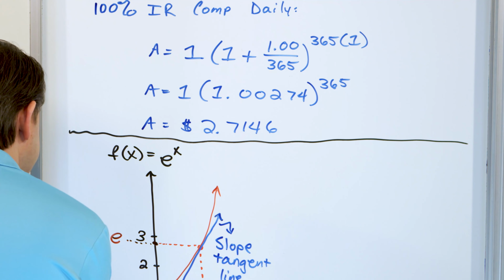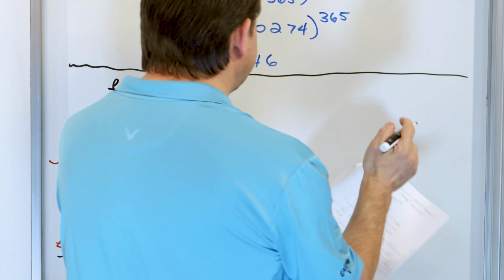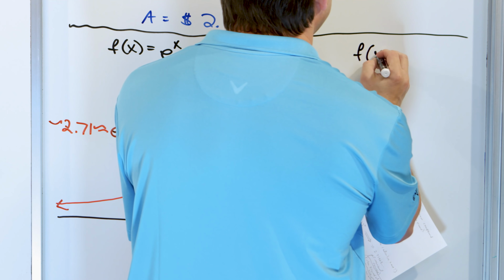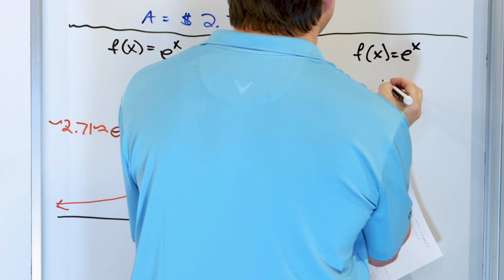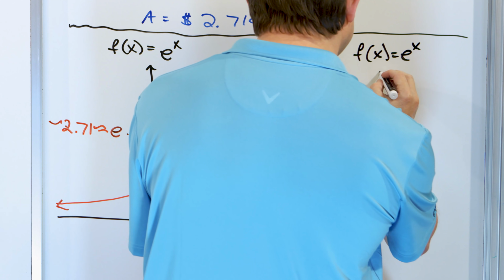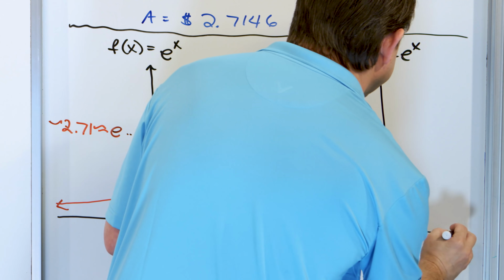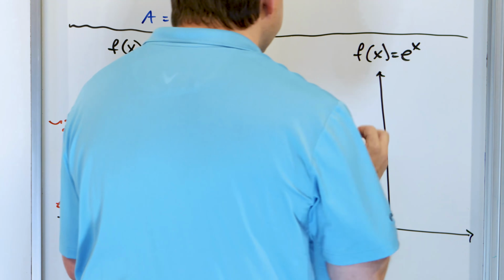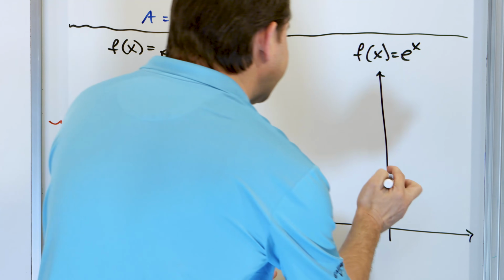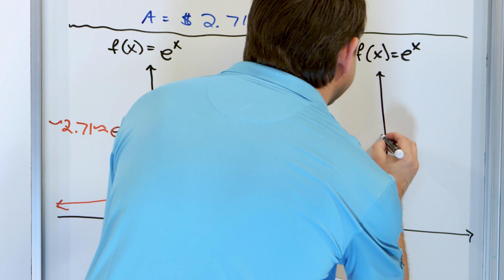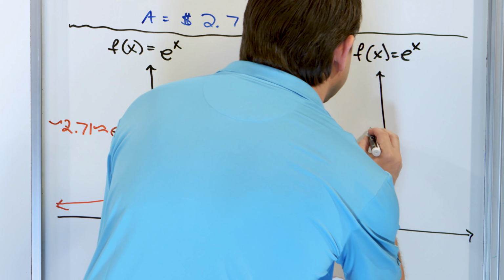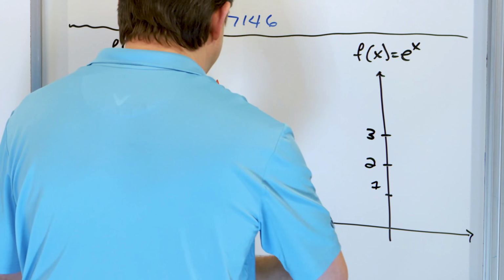Okay. Now the other thing I want to talk about, let's plot the thing one more time. f of x is e to the power of x. And I'm going to do the same exact curve. Probably didn't give myself quite enough room. All right. But let's just do one more thing. Let's say 1, 2, 3. This is 1, 2, 3. And now I can do it a little faster.